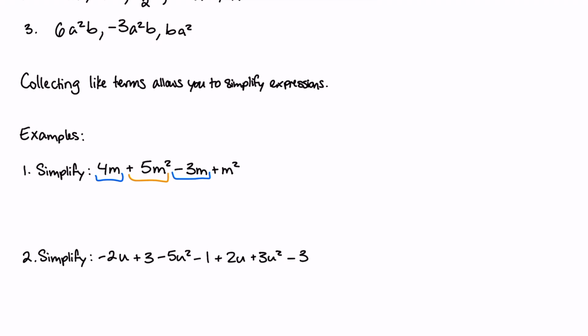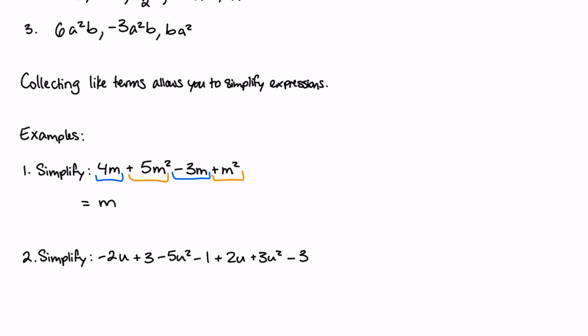And 5m squared and m squared would be like terms because they both have m's raised to the power of 2. Now that we've collected our like terms, we can simply add them together to get our simplified expression. So 4m minus 3m is just going to be 1m, so just m.